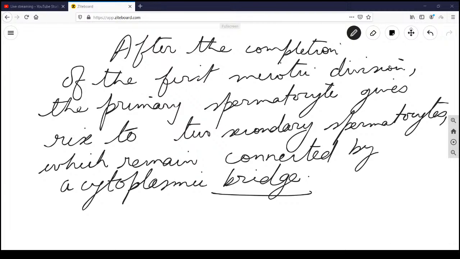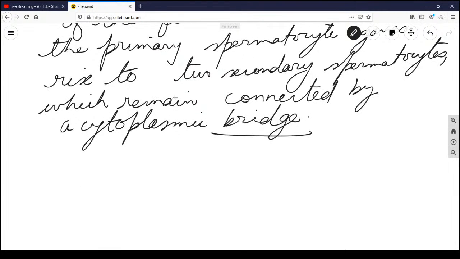Now the secondary spermatocytes enter the second meiotic division without delay. The primary spermatocytes took 24 days to complete the first meiotic division, but this phase of meiosis is very rapid and typically gets completed in approximately 8 hours. It doesn't take 24 hours.